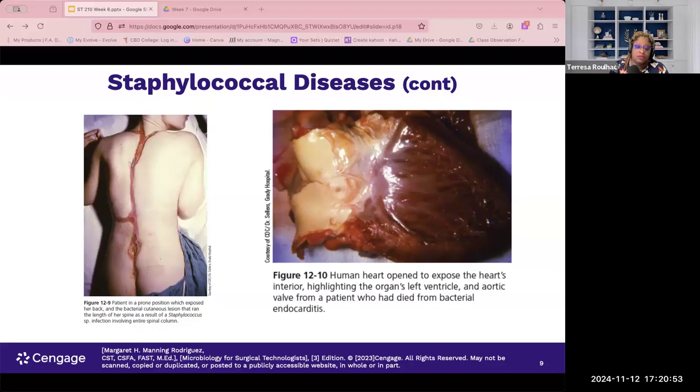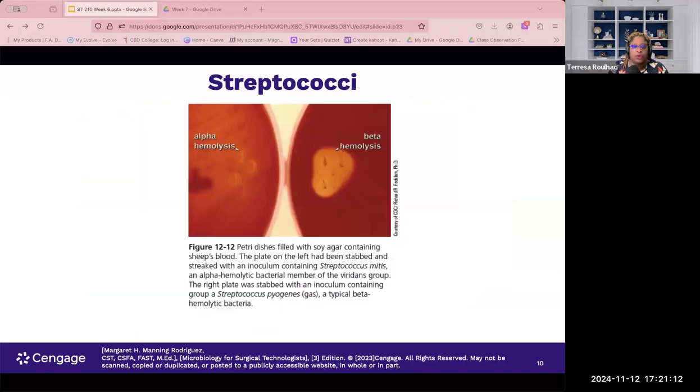And then the chapter talks about infective endocarditis, a serious infection of the heart's inner lining, also known as your endocardium. This is going to affect native or prosthetic heart valves. Okay. We get into streptococci.